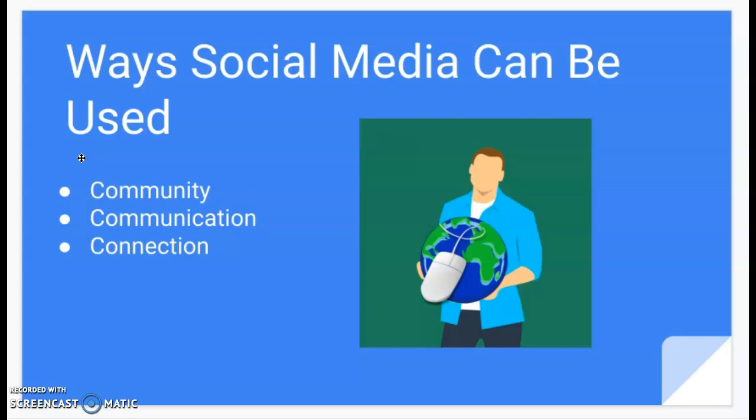In a classroom setting, educators can encourage students to do both. Grouping exercises such as projects and presentations, working together to strive towards one goal through media, and simply posting updates on their media can help these three aspects come to fruition in the classroom. There are many different ways that social media can be used to cultivate these three aspects: community, communication, and connection.